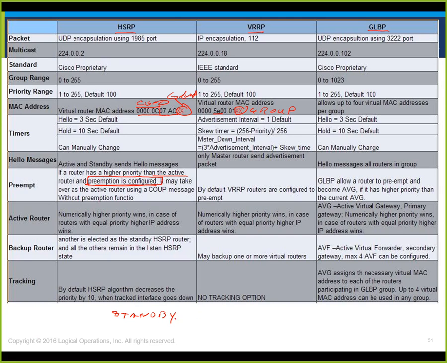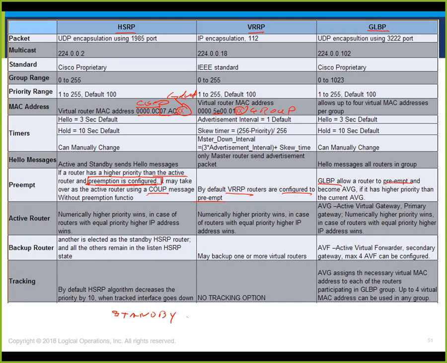Show standby will show you the status of the interfaces, which is taking the load and which is sitting and waiting. It will take over as the active router using a coup message, and then the one that's being ousted sends a resign message. By default, VRRP is configured for preempt.